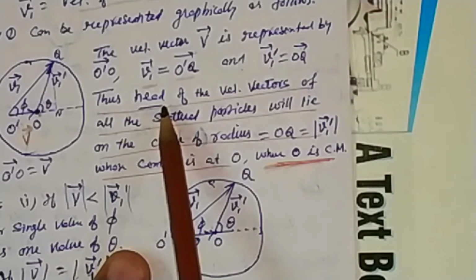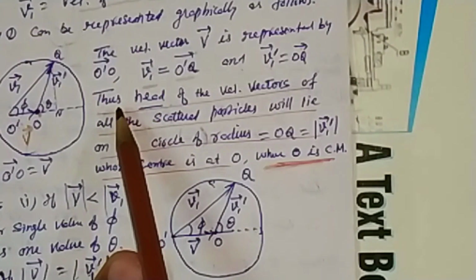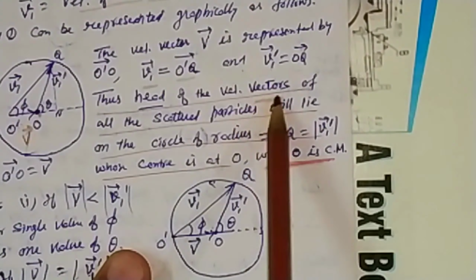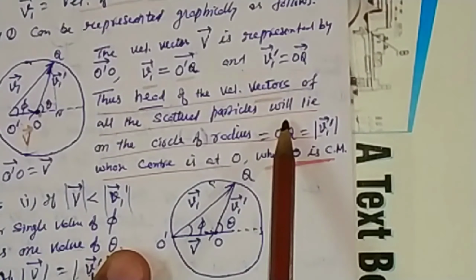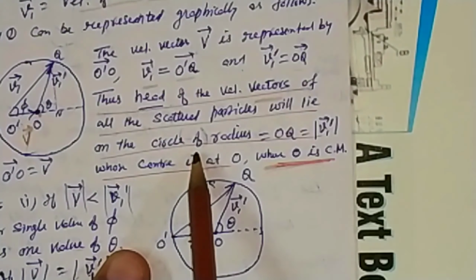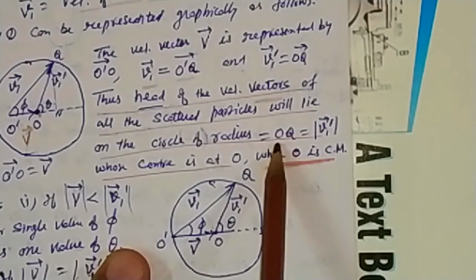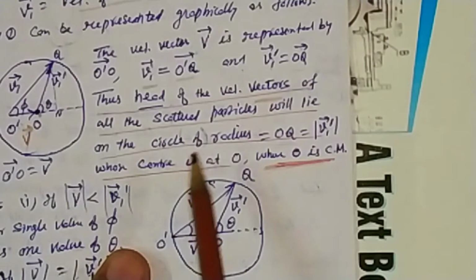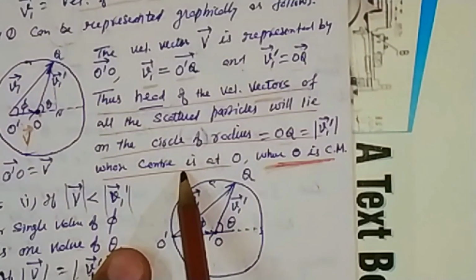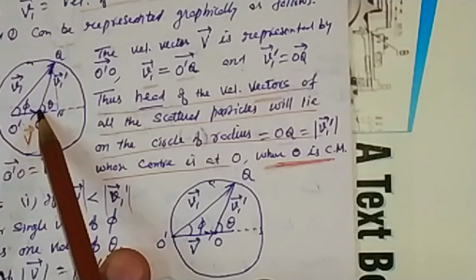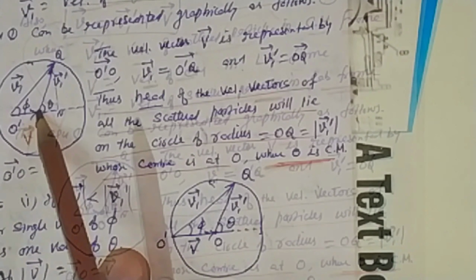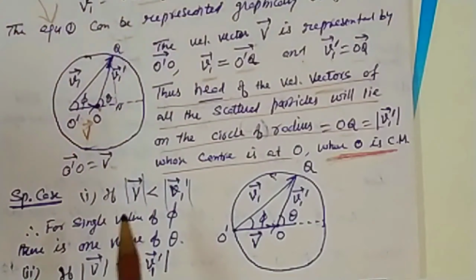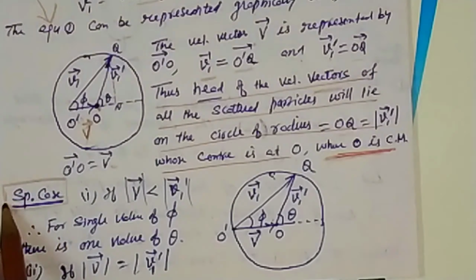Head means the vector representation. Thus head of velocity vector of all the scattered particles will lie on the circle of radius OQ, okay, and whose center is at O. O is the center of the circle as well as the origin of the center of mass system. Now special cases, there are three special cases.